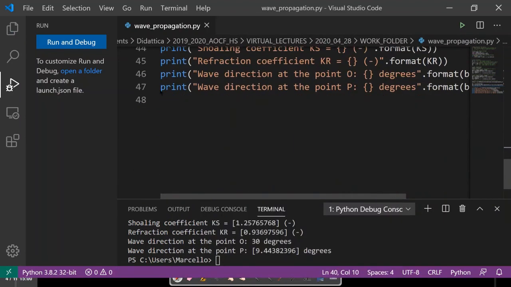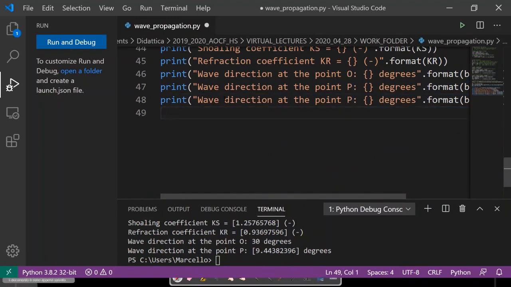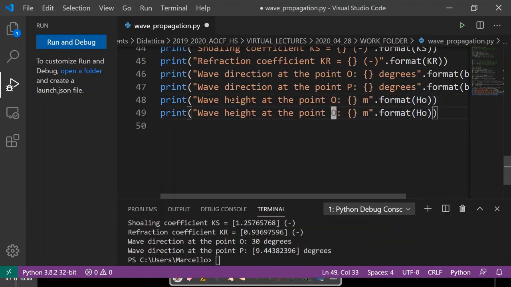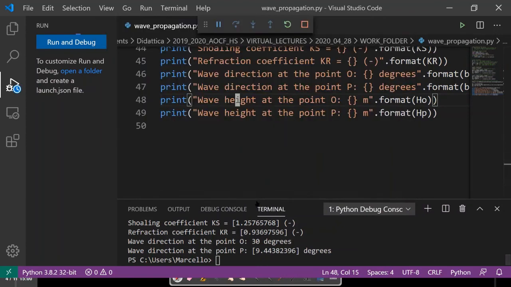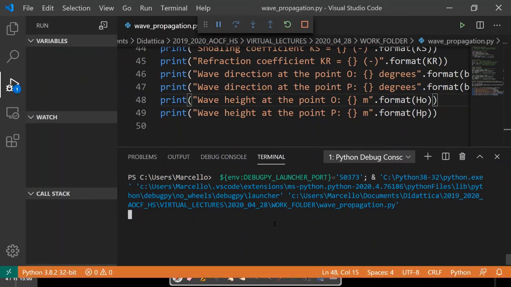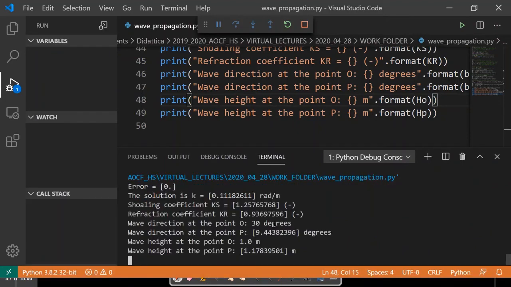Then we can write here wave height at the point O in meters, and here we can write HO, then we copy at the point P, HP, we execute, and we should have that the wave height is computed at the point P.